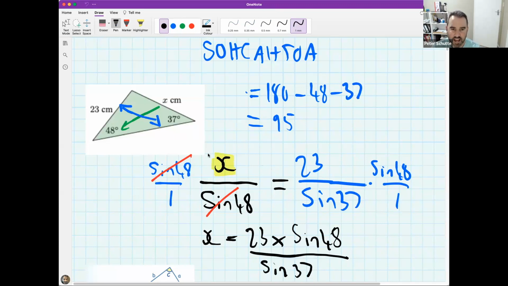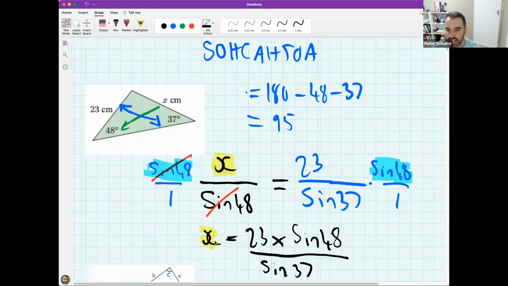We said the unknown side that we were looking for divided by the sine of the angle opposite is equal to the other side divided by the sine of the angle opposite that. Then we multiplied both sides by the sine of 48, and the whole reason we did that was to eliminate the sine of 48, which then leaves us with an x.